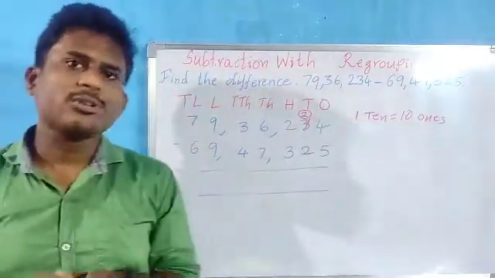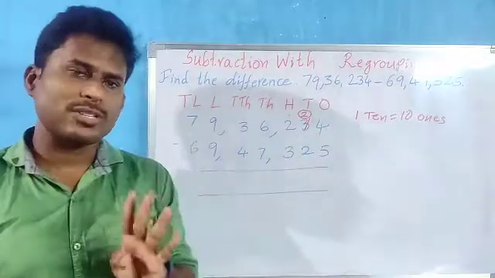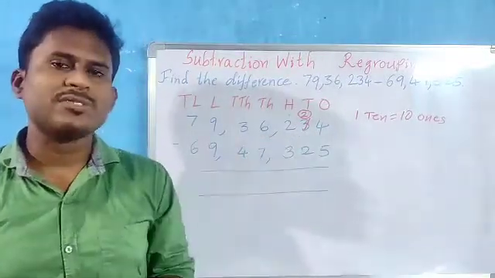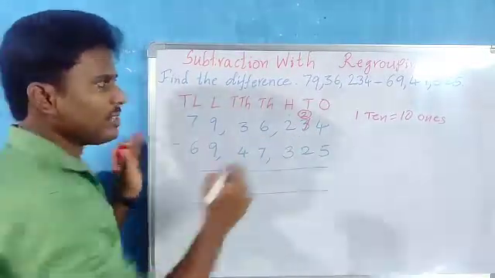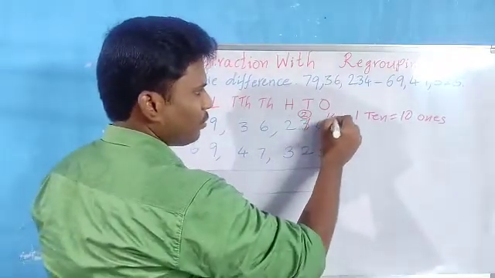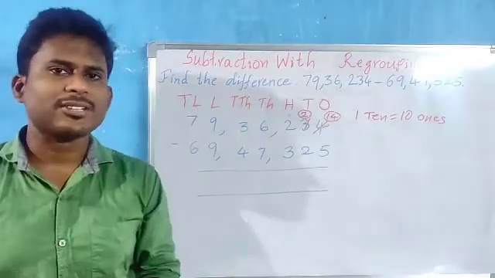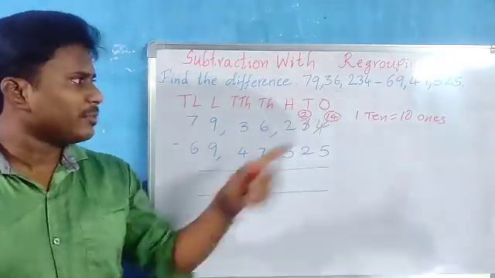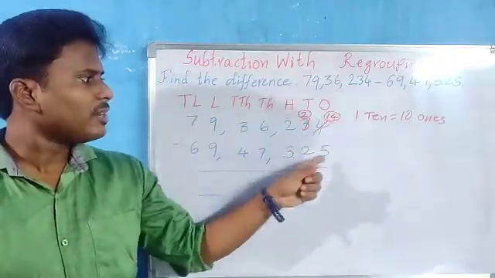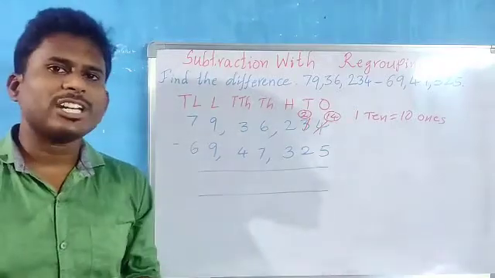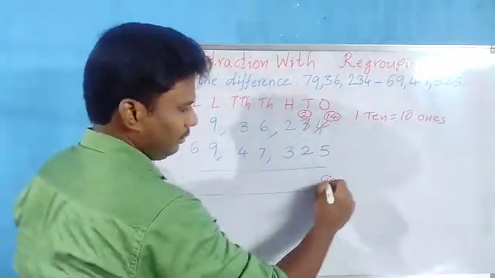So 1 ten equals 10 ones, and already we have 4 ones here. 10 ones plus 4 ones will be what, children? 14 ones. Now 14 ones minus 5. Can we subtract, children? Yes, we can subtract, because here we have the bigger number and here the smaller number. So 14 minus 5 will be 9, children.